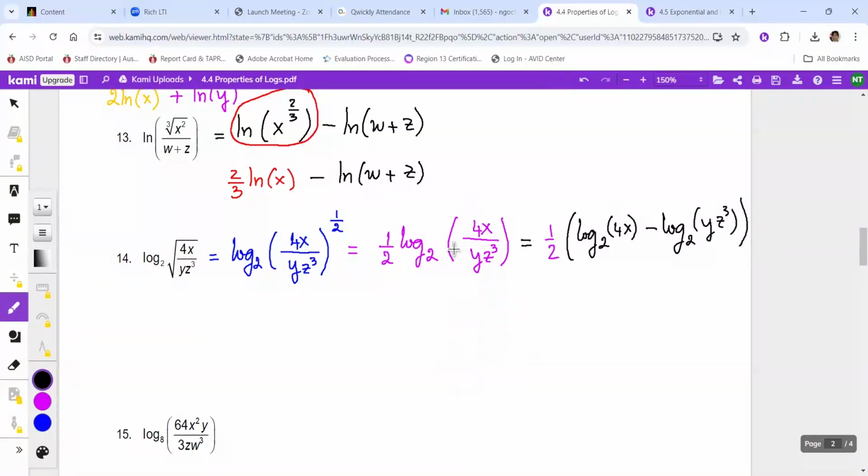So what we just did is that we apply the quotient property, but then we make sure that we still have 1/2. So it means that we must multiply 1/2 to each one of the two terms inside.